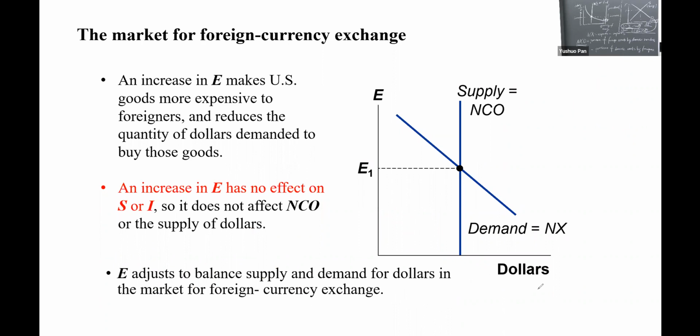This picture is very important in this chapter, and you need to remember that the demand curve is the net export. That's the foreigners needing US dollars. Remember, this market is outside of the United States. The foreigners need US dollars to buy US goods and services, so that's the demand for US dollars.